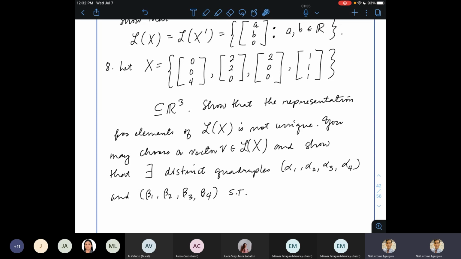So in order to solve exercise 8, kailangan nyo lang pumili. Can you give me a vector V that can be written as a linear combination of members of X but with totally different quadruple of coefficients? All right.